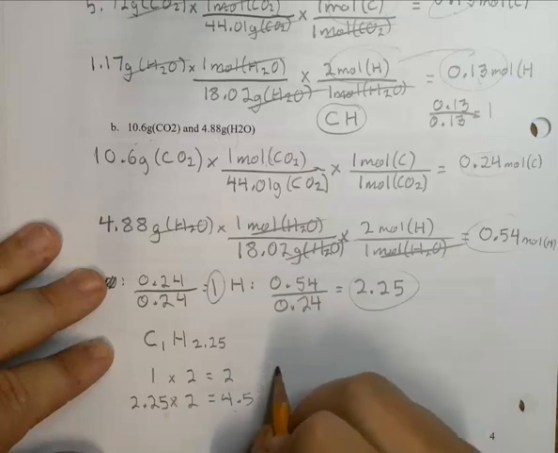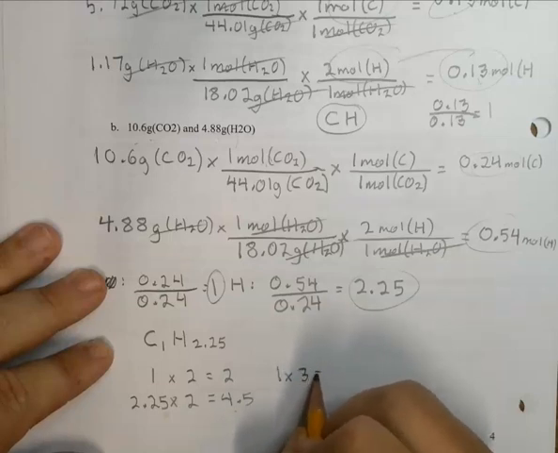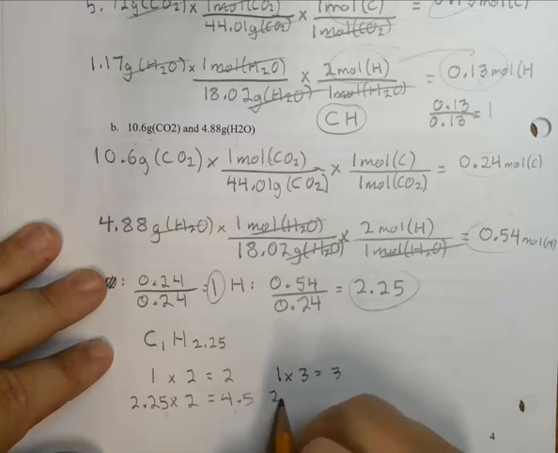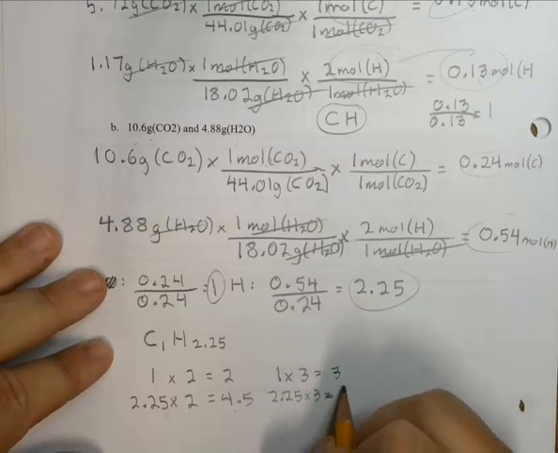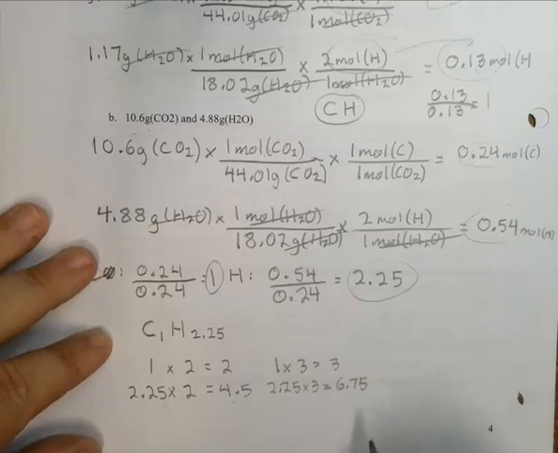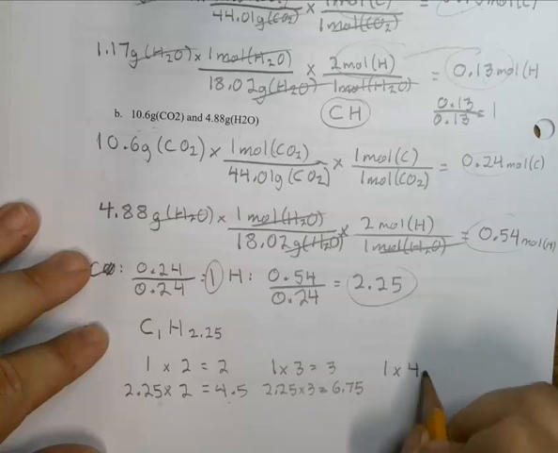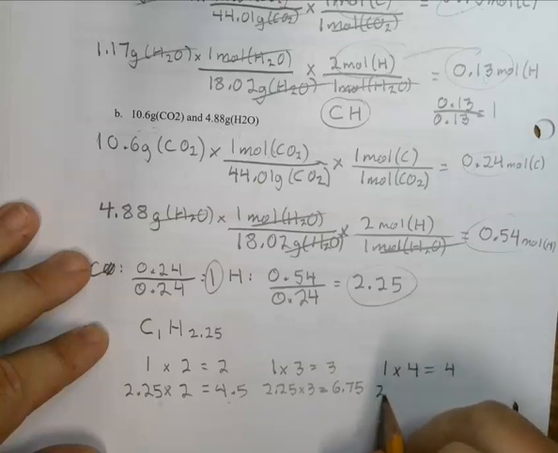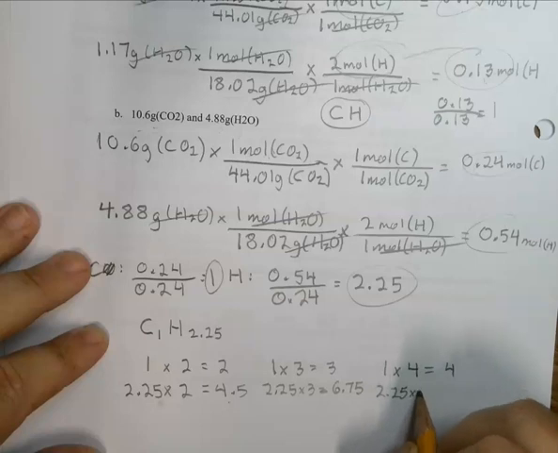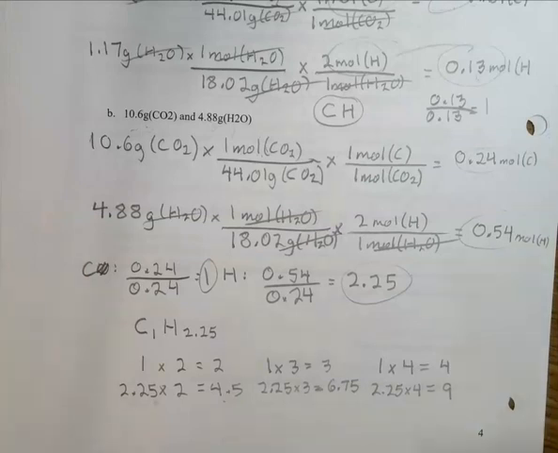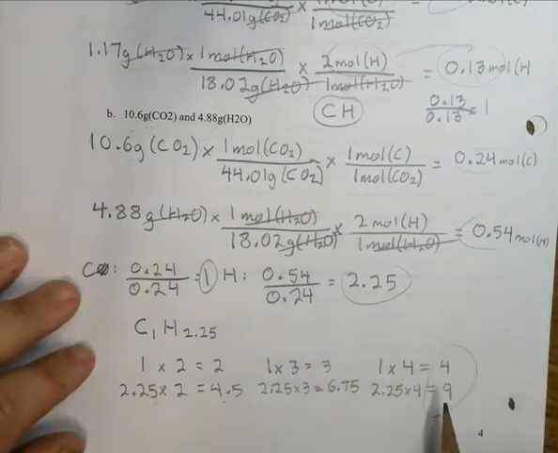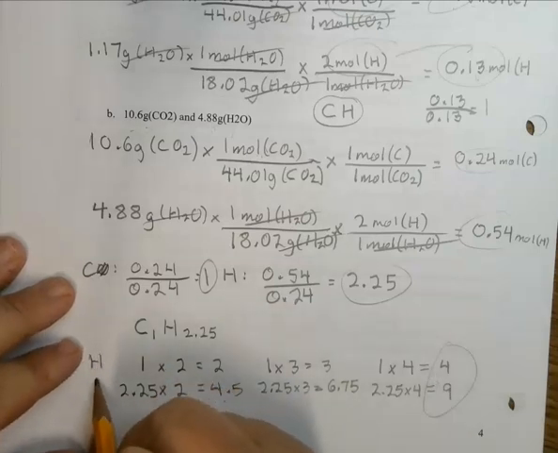Let's go over here. 1 times 3 equals 3, and 2.25 times 3 equals 6.75. Still not a whole number. Let's come over here. 1 times 4 equals 4, and 2.25 times 4 equals 9. That's the same whole number we got in the previous problem. So there's our whole numbers. So it's the hydrogen on the top and the carbon on the bottom.